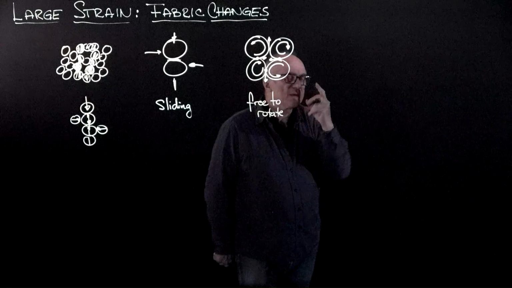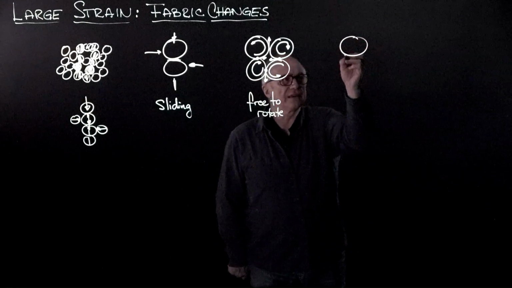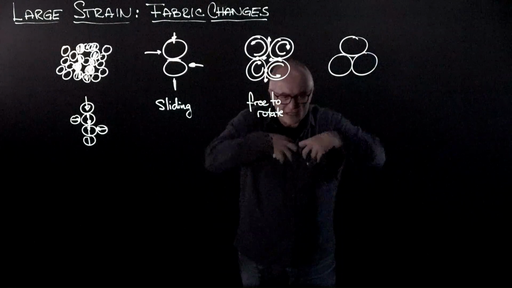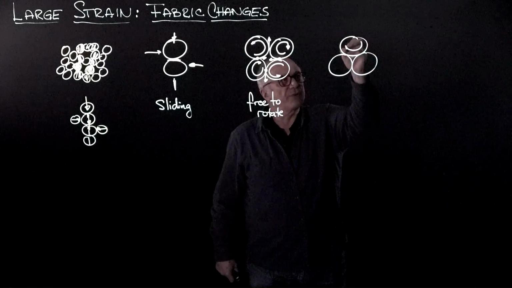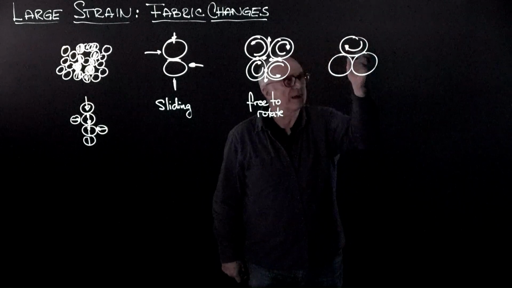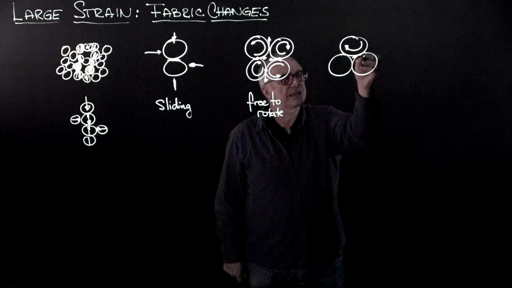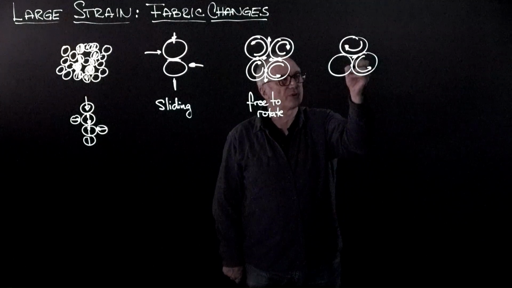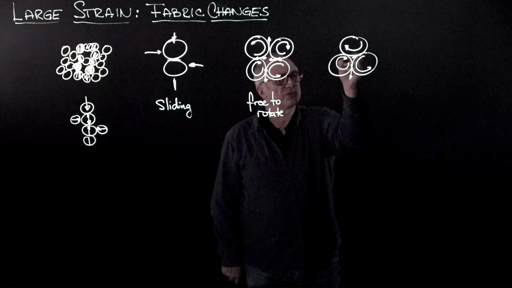Now, what would be the situation if I have only 3 particles touching each other? Once again, imagine that they are like gears with teeth. And so if I force the upper one to rotate clockwise, this point will go towards the center, which means that the particle here will be counterclockwise. This point wants to go down. If this wants to go down, this is going to rotate like that.